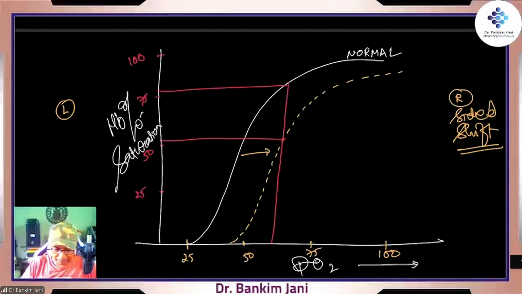This means that when it is a right-sided shift, at the same pressure of oxygen, over here the oxygen saturation is about 50%, while in the case of normal, the oxygen saturation is 75%. Am I clear?